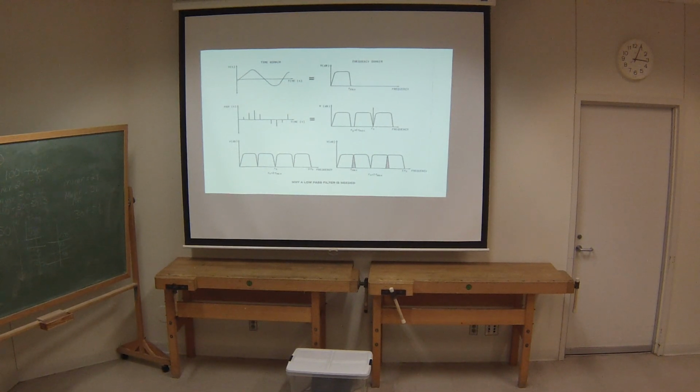Now, what if your sample clock or sample frequency is not 2 times as fast? Well, if it's exactly 2 times, then notice that the lower edge of the lower sideband comes butt up against the maximum frequency you're interested in.